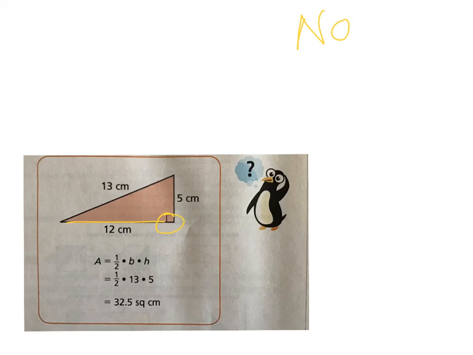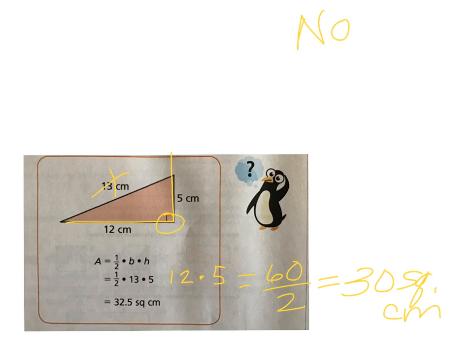You need to find the base and the height of the right angle, which would be 12 times 5, not 13. So 12 times 5 is 60, and then you divide that by 2, which gives you 30 square centimeters.